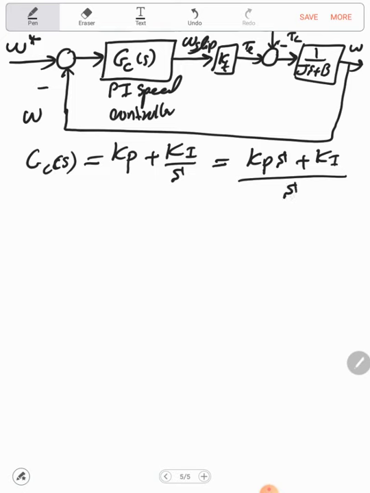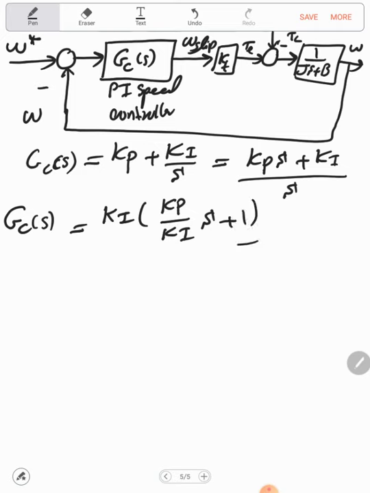Here we have two gains to design, which are Kp and Ki. Sometimes it's better to write the controller in terms of gain and time constant. To do so, Gc of s can be written as Kp times (Ki over Kp plus 1 over s).